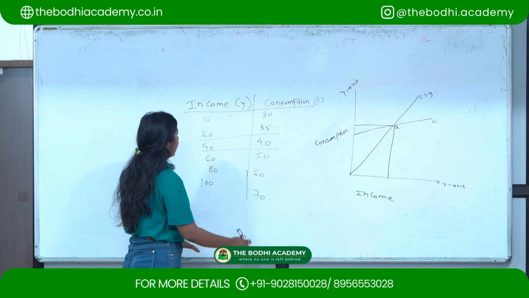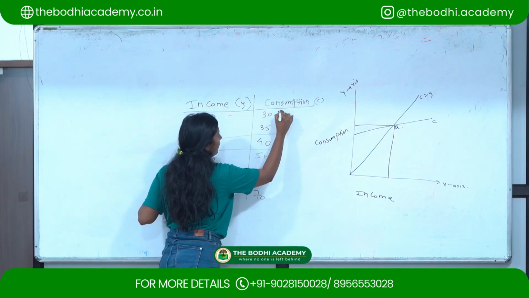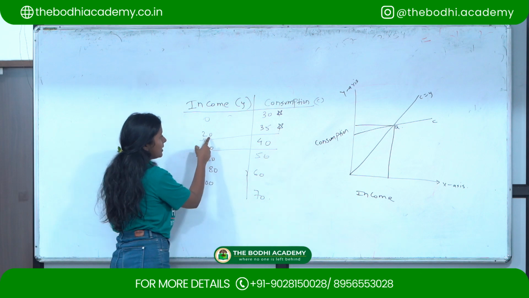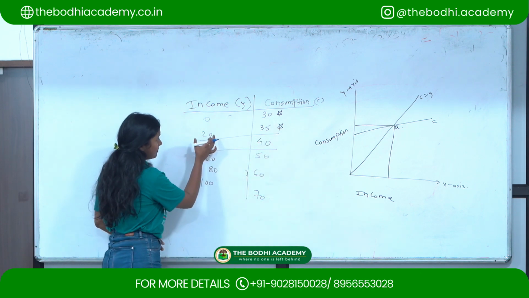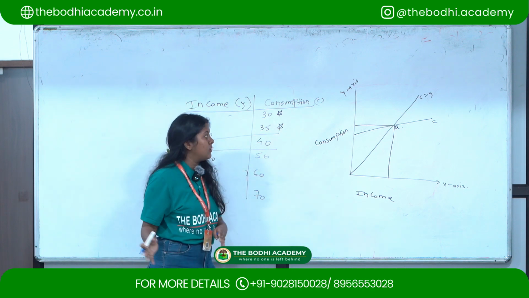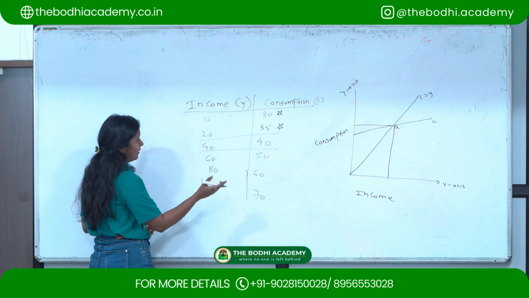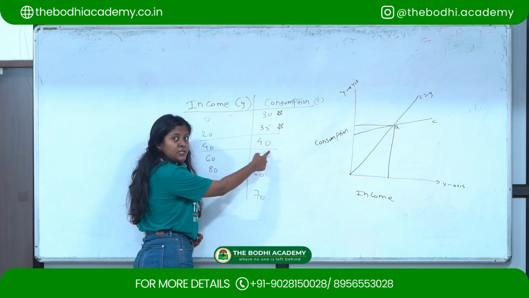With regards to the next part, which is important, when income is 20, consumption is more. It means that even though income is less, consumption will still go on in their life. But if you see, when income is 40, consumption is also 40.